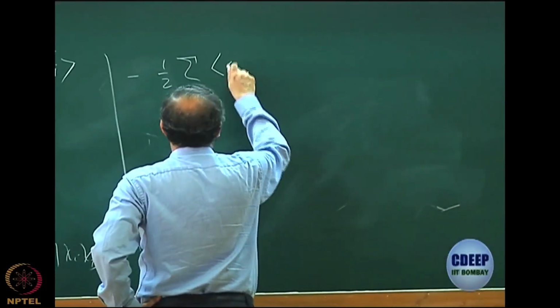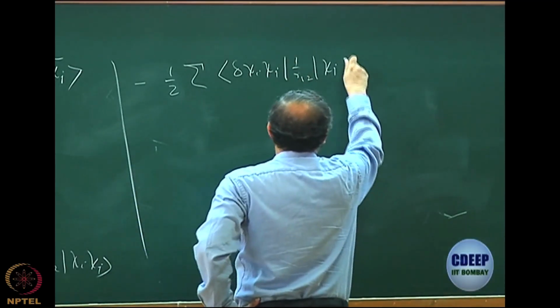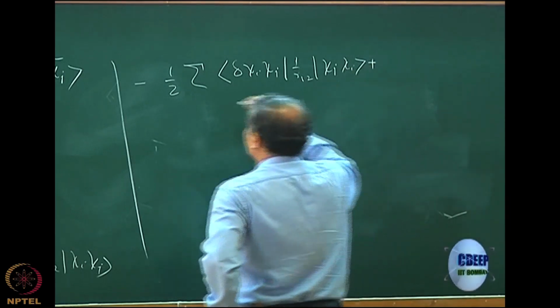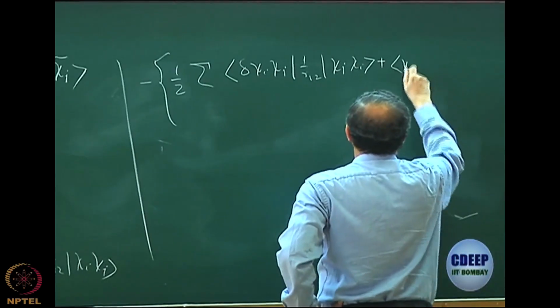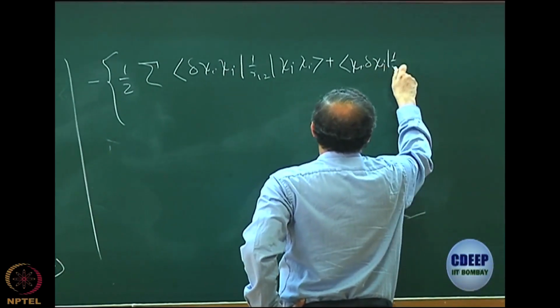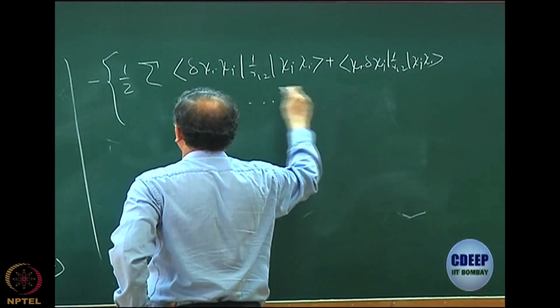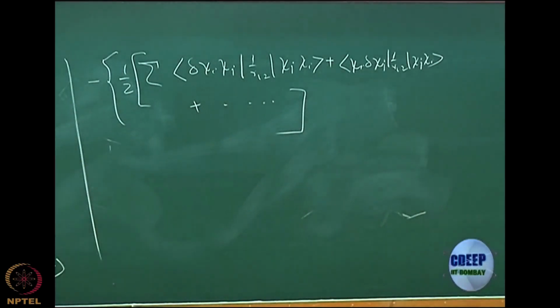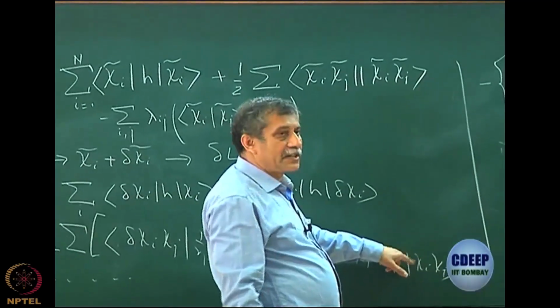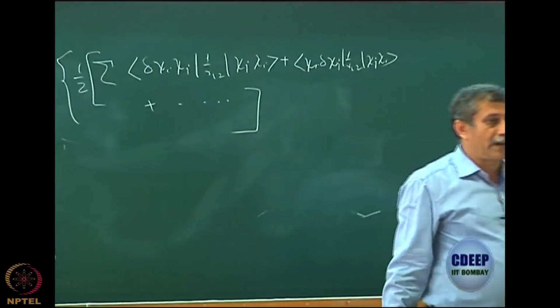Then I have the exchange, which is now delta chi I chi j, 1 by R12, chi j chi I, plus, so this is minus, of course, this is within a full bracket, plus chi I delta chi j, 1 by R12, chi j chi I, and then 2 more terms. So, this is what we did, and the 2 more terms come basically from differentiating the right hand side, delta chi I chi j, chi I delta chi j, and so on. I am not writing this.